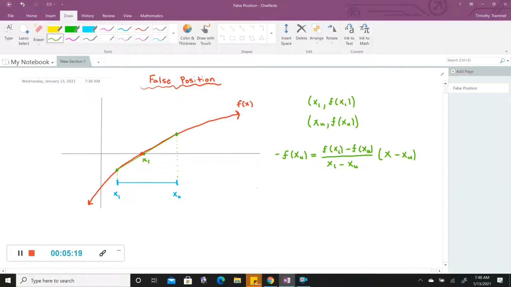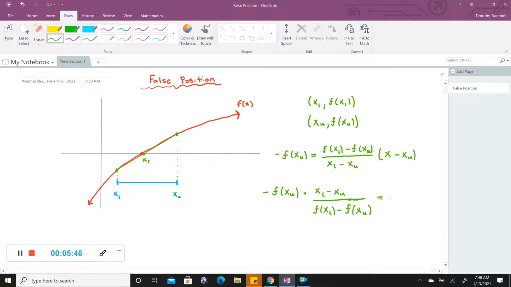So we're going to have minus f of x sub u times x sub L minus x sub u all over f of x sub L minus f of x sub u.